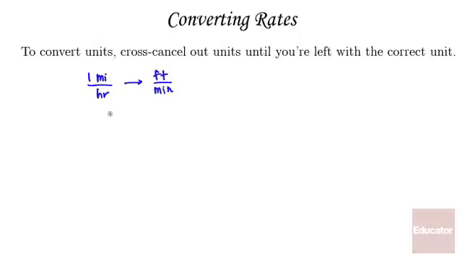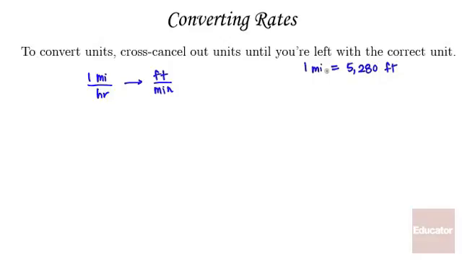Now, in order for you to be able to convert rates, you have to know the equivalent units. So how many feet equals a mile? Well, 1 mile equals 5,280 feet.